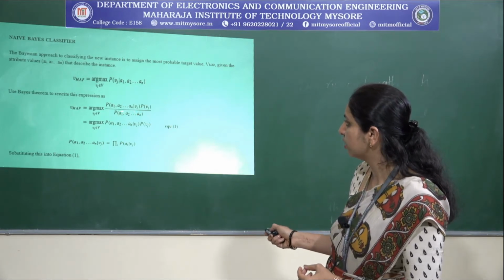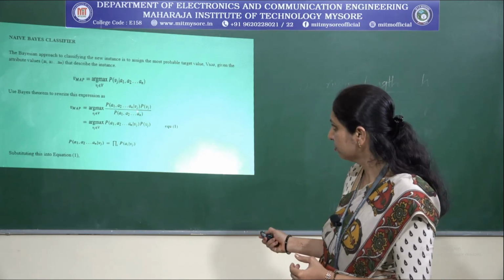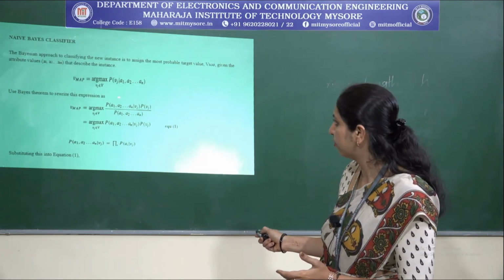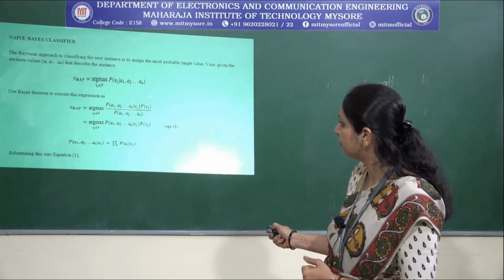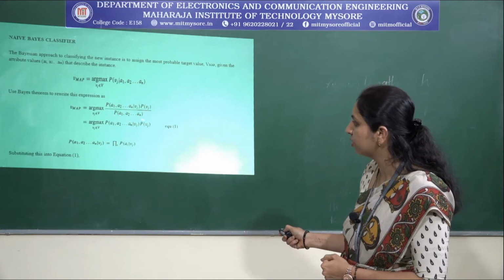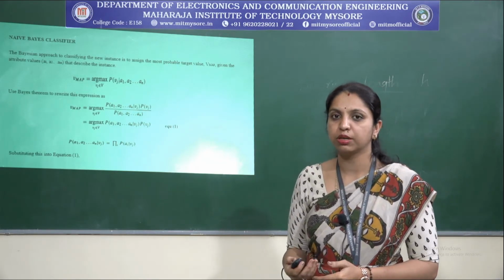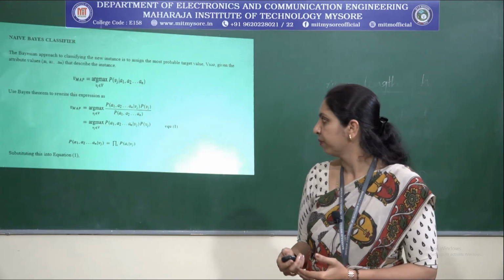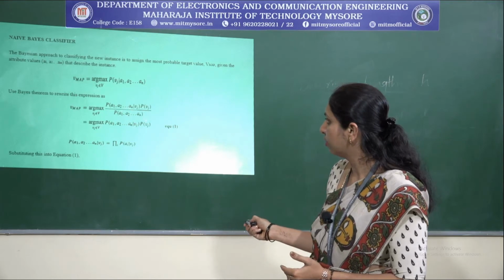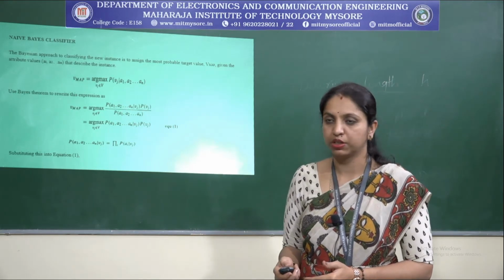We consider the denominator as the evidence, which is independent of the hypothesis. The first part is the likelihood probability, the second part is the prior probability, and the denominator is the probability of the attributes, which is independent of the hypothesis. Since the denominator is independent of the hypothesis, we can ignore this function.